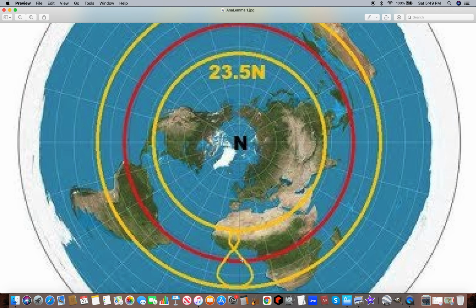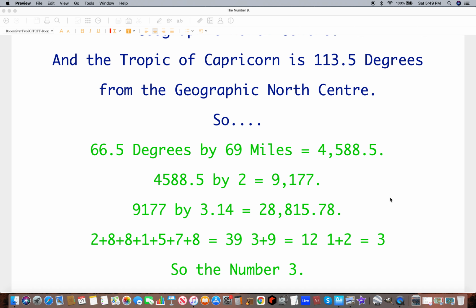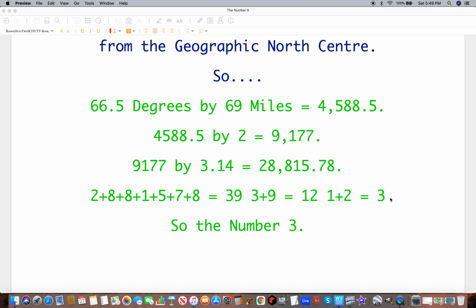Then we'll do the same with the equator, and the same with the Tropic of Capricorn, using just a straight line distance along the longitude lines. You'll understand as you go through it. When you see it, you can go back over the video yourselves and test anything I've shown here.